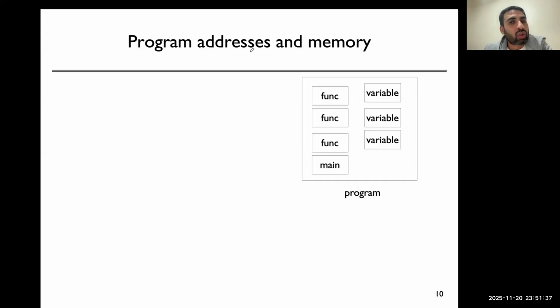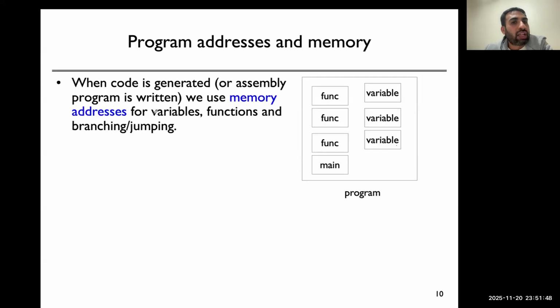In a program, you can have multiple variables and multiple functions. When code is generated, we use memory addresses for functions and branching, for example, jumping. Even if you are writing assembly code for branching, you will be using labels. For jumping, you will be using labels. For functions, you will be using labels.